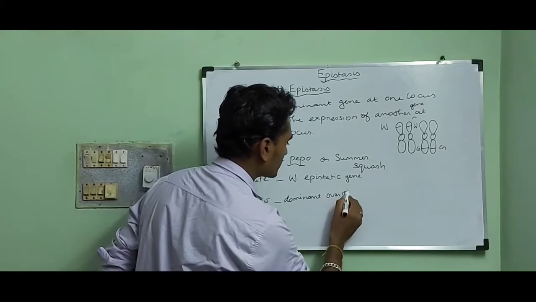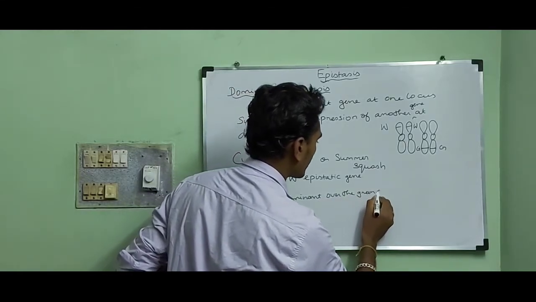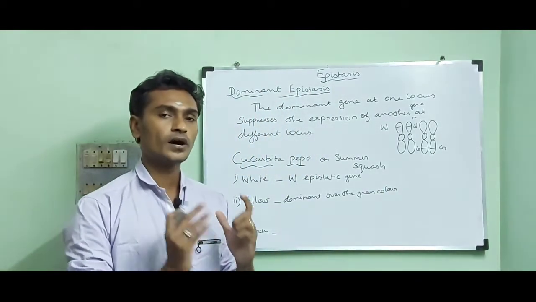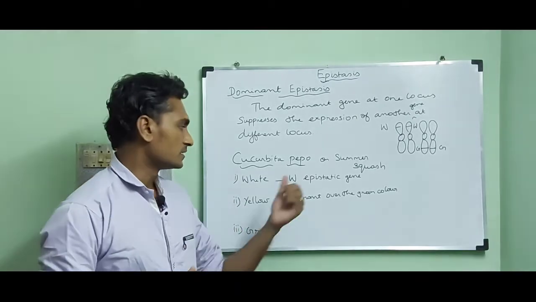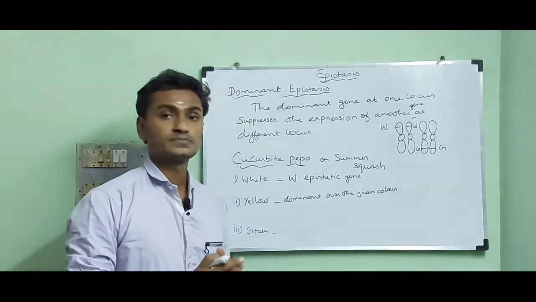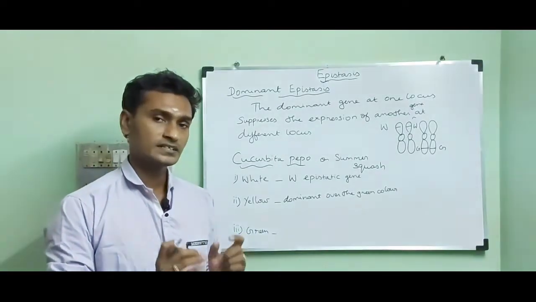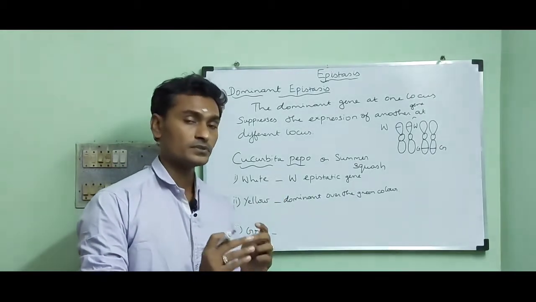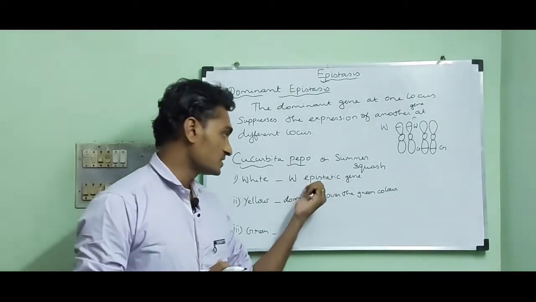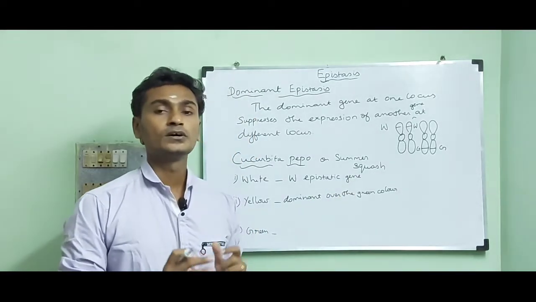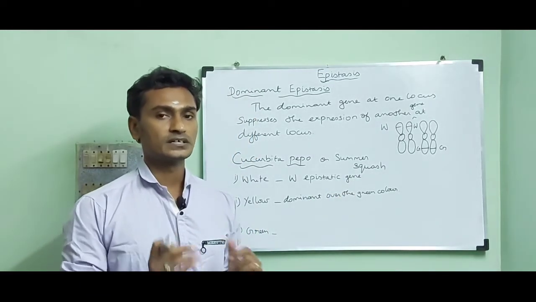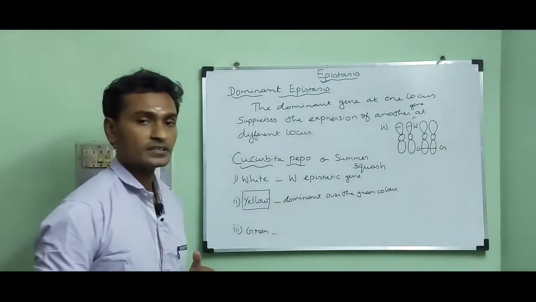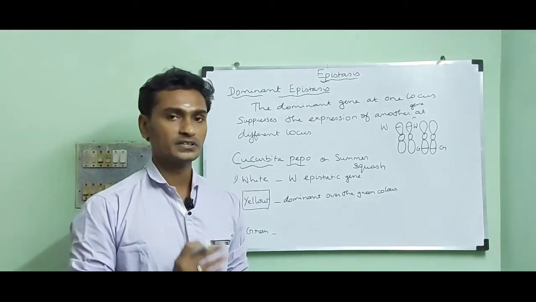The yellow color is formed only when the epistatic gene is present in homozygous recessive condition. That means the hypostatic gene yellow, that is Y, is represented by the dominant allele.